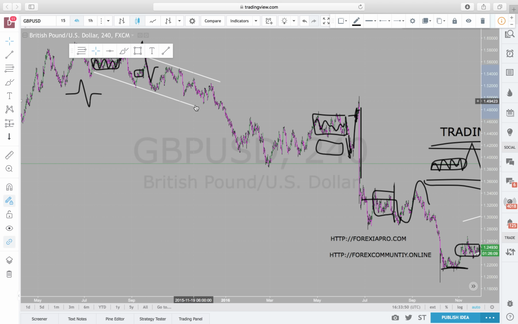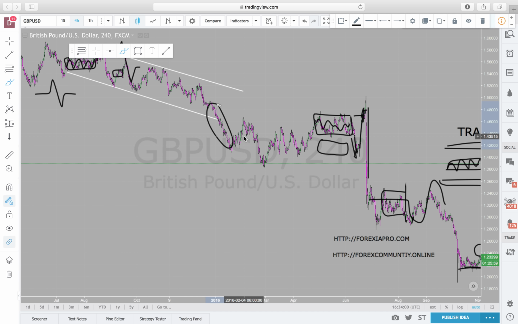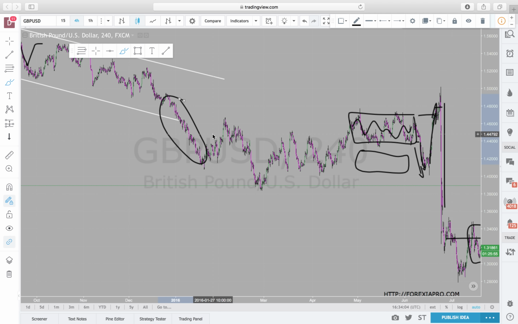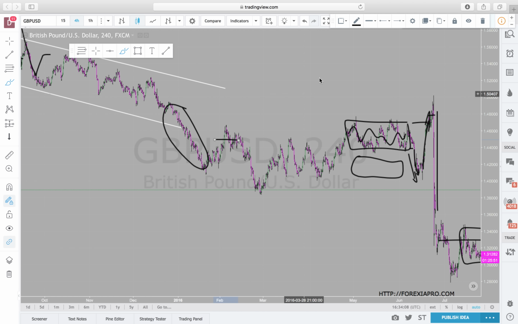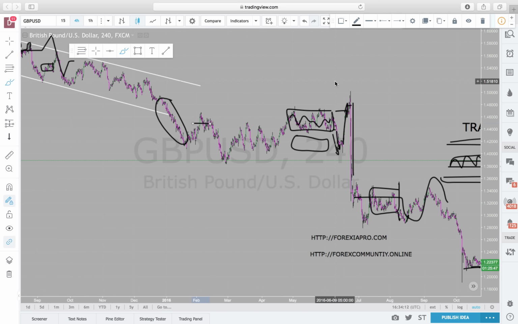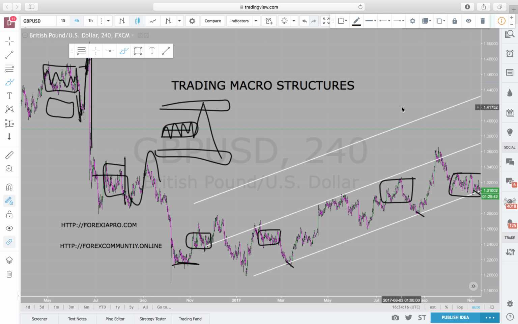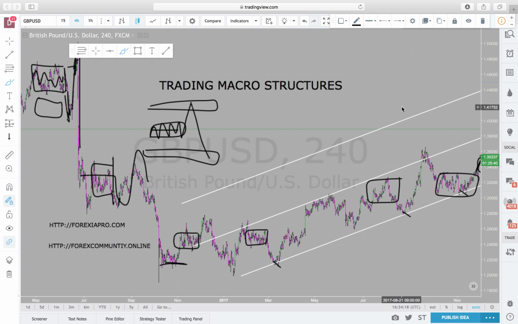Sometimes they take little breaks like this. But it's really basically the same thing over and over, you guys. Consolidate, hit stops high, hit stops low, consolidate, and do the same thing over. Because that's the only way they're going to make money, right?